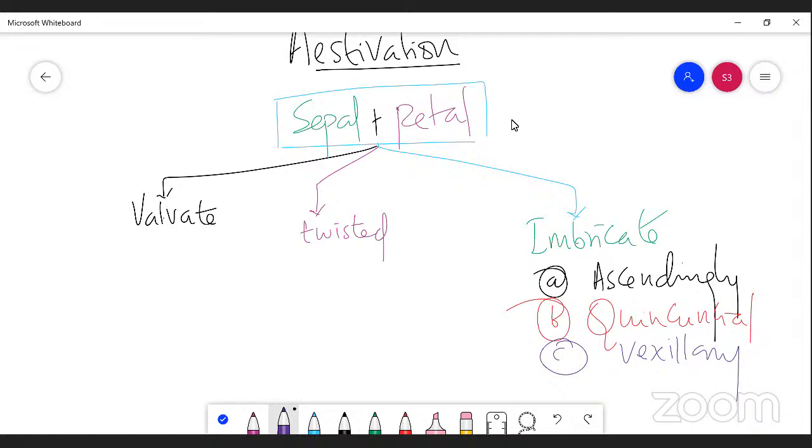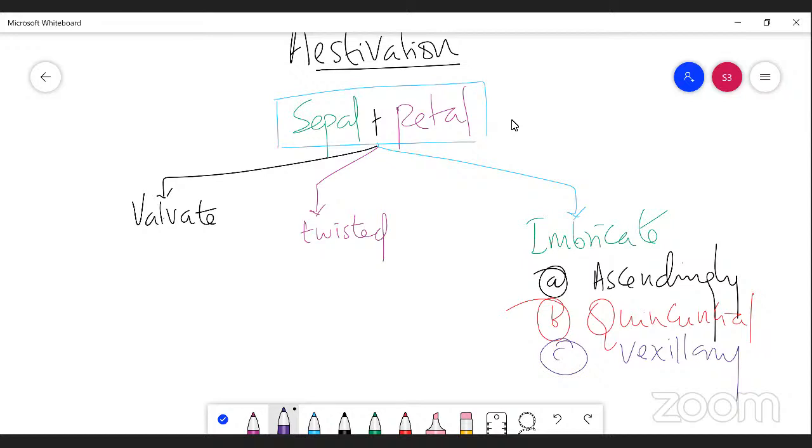The first type is ascendingly imbricate aestivation. The second type is quincuncial aestivation. And the third type is vexillary. I repeat once again: the first type is valvate, the second is twisted, and the third is imbricate. Imbricate is further classified into ascending imbricate, quincuncial, and vexillary imbricate aestivation, right?